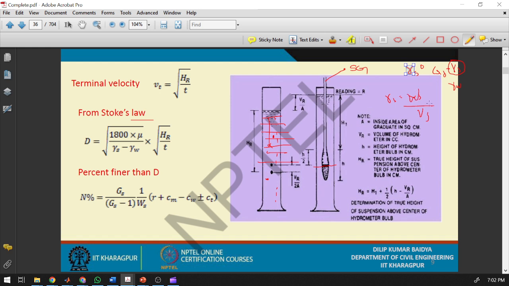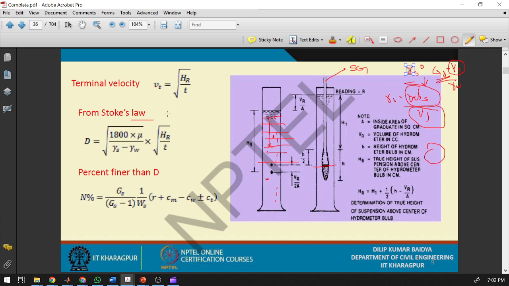The weight of solids depends on your Gs, and volume is dependent on the shape of your particle.